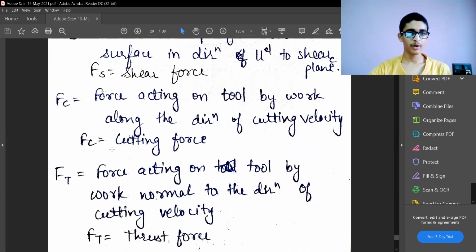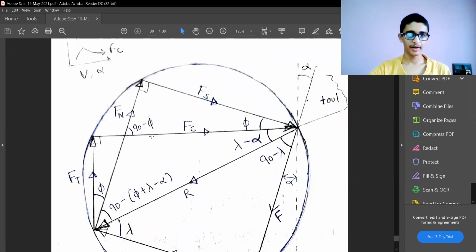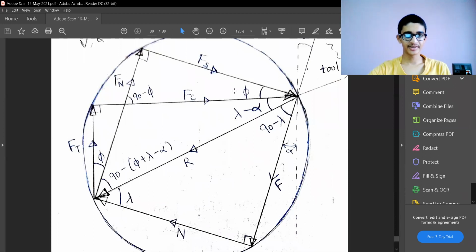Till now we have all the forces in a single plane because it is orthogonal cutting. When we go to non-orthogonal machining, the thrust force will be oblique, and there will be two components of the thrust force, which will give us the forces in 3D.